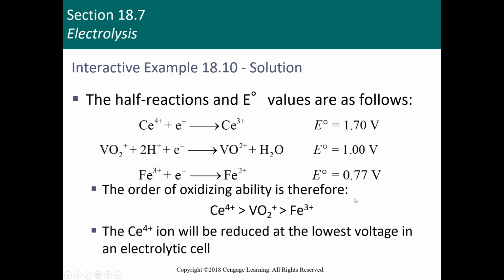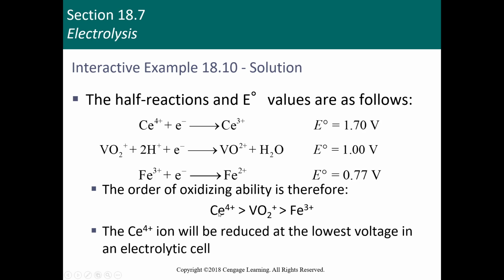The order of oxidizing ability therefore has to be Ce4+ is your greatest one, because it's going to most easily take on electrons because it has the largest potential. VO2+ is your next because it has the next largest, and Fe3+ is your least oxidizing ability because it's the smallest value.